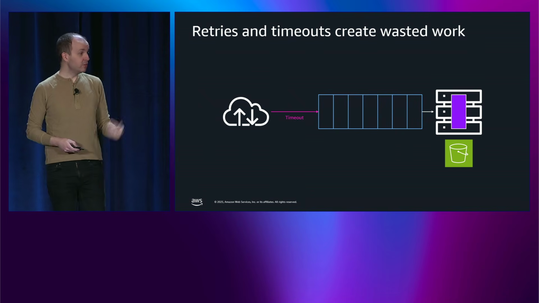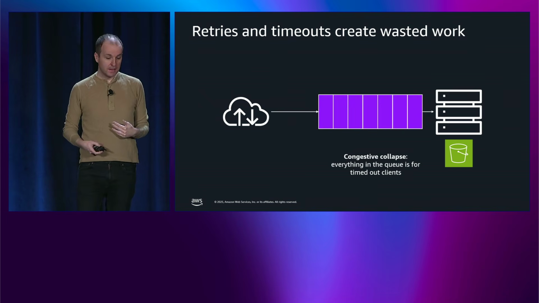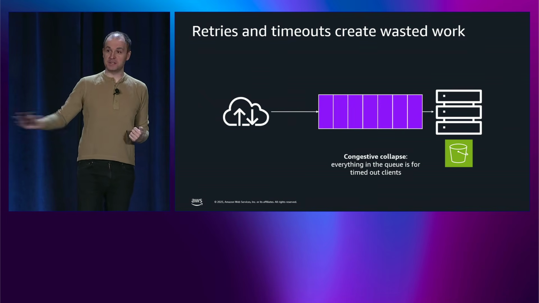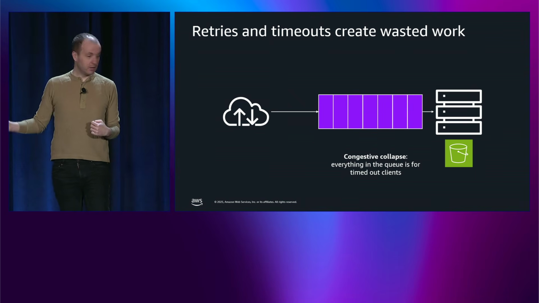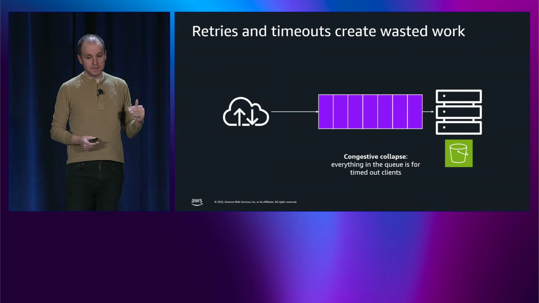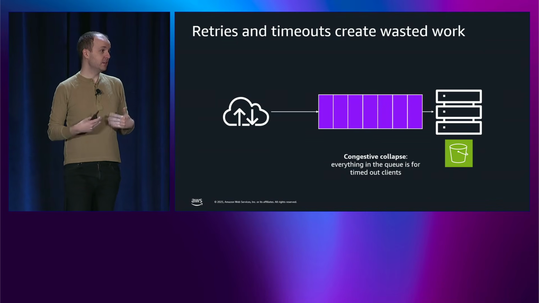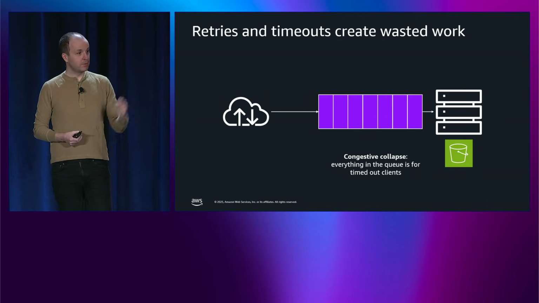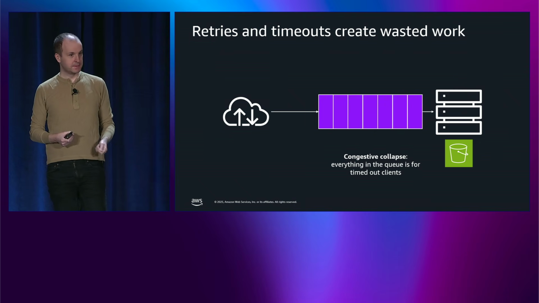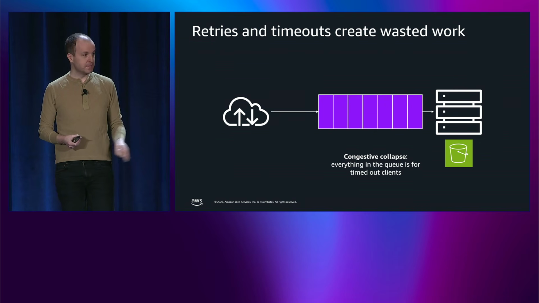And so if this happens over and over again, if you're building up a queue of requests, eventually you get to the point where every request in the queue is just being timed out, right? Every request in the queue is a backlog of a request that has been retried somewhere else. And you end up in a state that we call congestive collapse, where the server is basically spending all of its time processing requests that have been given up on by their clients, right? Clients have gone somewhere else to go and get their data, but the server is still having to process these requests.